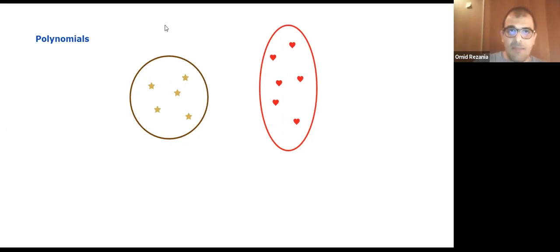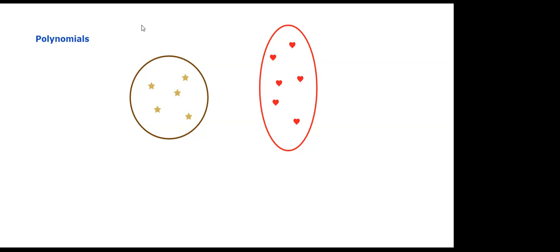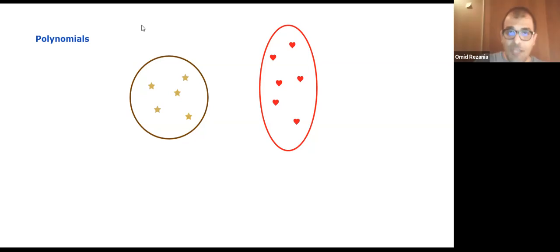Imagine a circle which contains 5 different elements in a set. That set defines the domain of these functions. I call this one the domain.